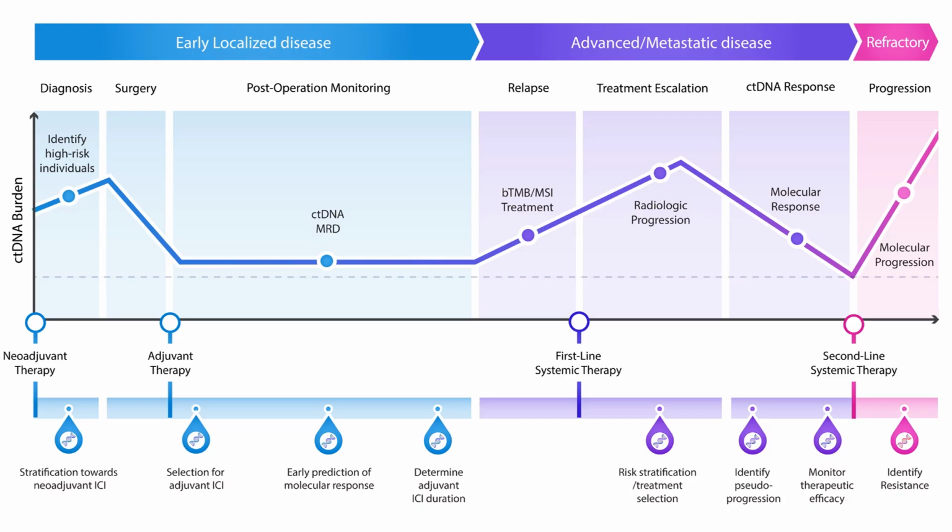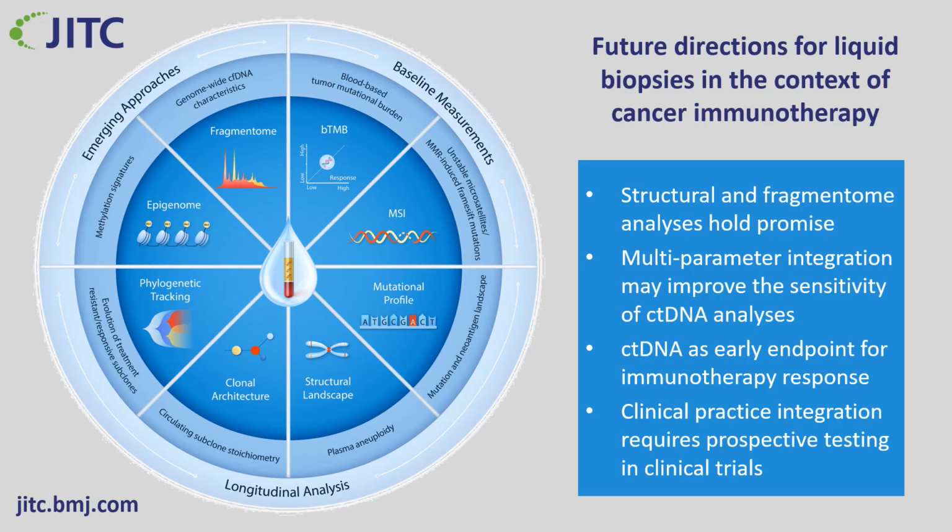Therefore, ctDNA molecular progression can be used as a quick fail approach to determine treatment duration, sequencing and intensification, as well as potentially constitute a triage strategy for drugs in development. On the other end of the spectrum, the definition of ctDNA molecular response is less clear and likely dependent on the NGS assay employed. And a number of ctDNA-driven interventional clinical trials are now underway to test these concepts.